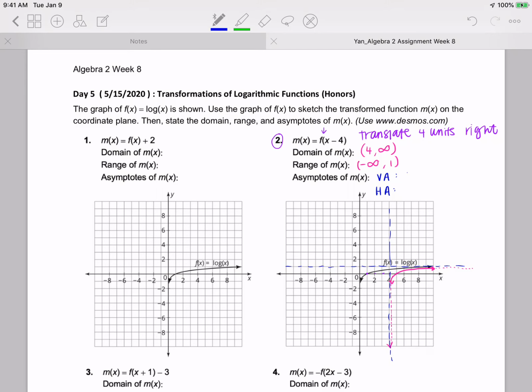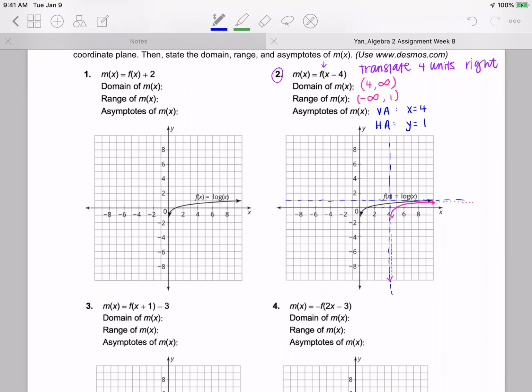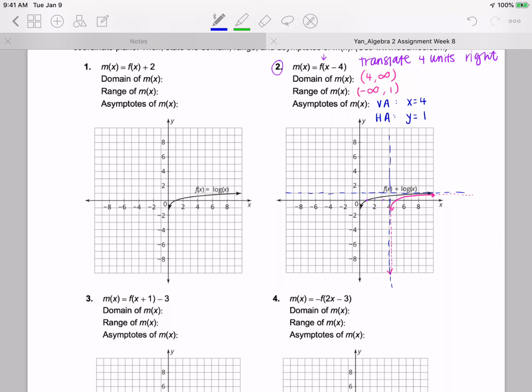Vertical asymptote would be x equals 4, and horizontal asymptote would be y equals 1. Okay, so try to use decimals and figure the other ones out if you can't see what the transformation is. And then based on the picture, go ahead and figure out what the domain, range, and asymptotes are. Okay, that's it.